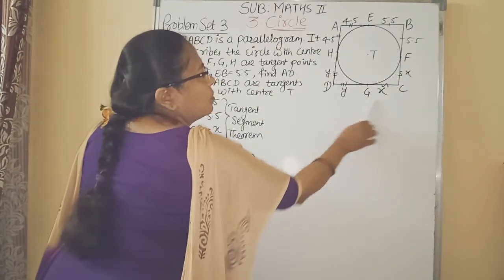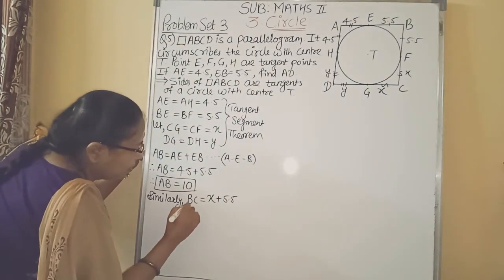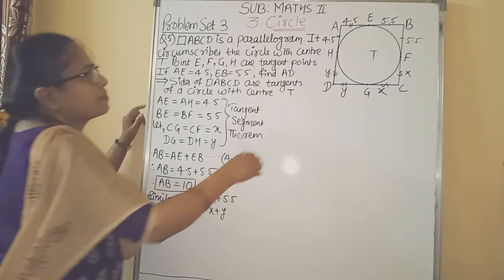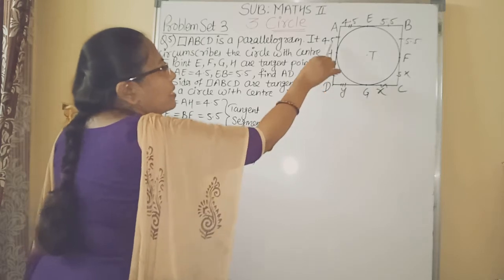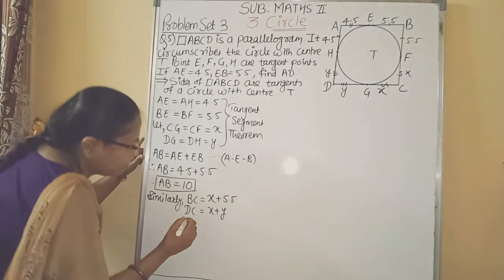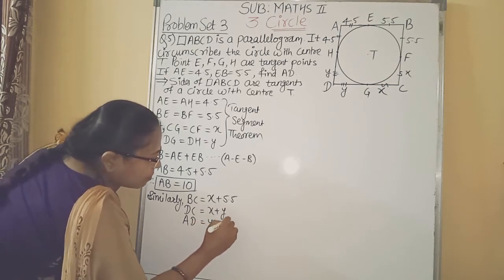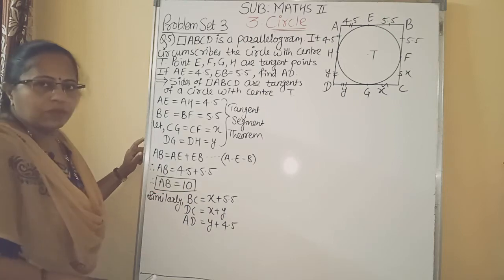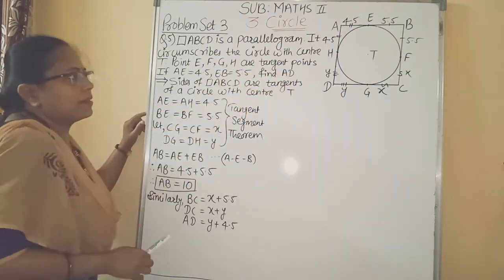DC equal to x plus y. AD equal to y plus 4.5. Up to this understood? We got the length of each side of the quadrilateral.